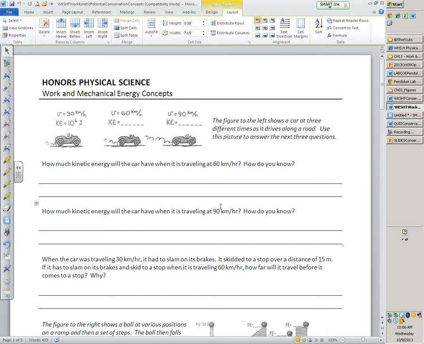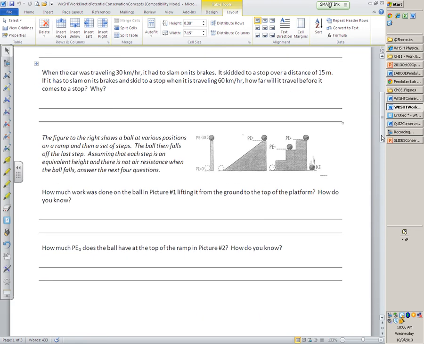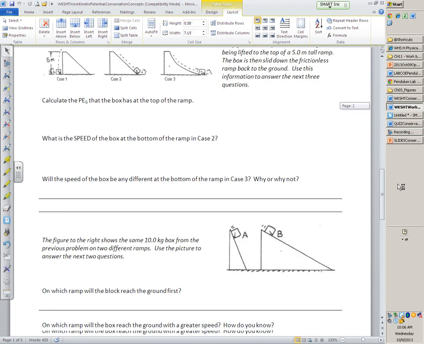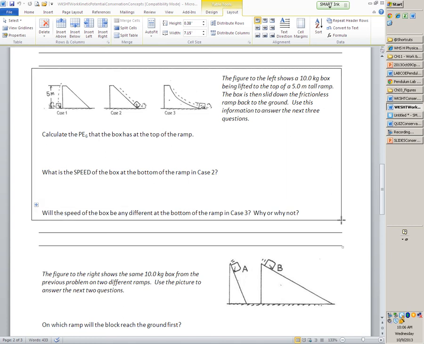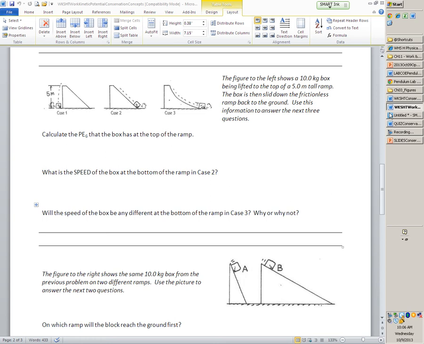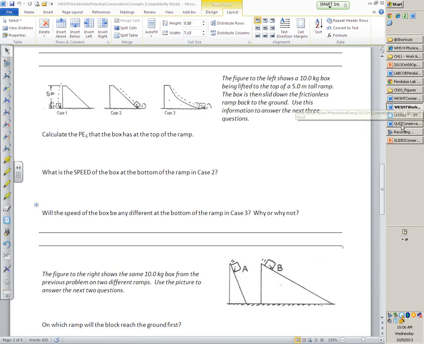And then at the bottom of the front page, we talked about the ball on this ramp and these steps, and how high it was and how much energy it had, blah, blah, blah. Let's flip it over to the back side, and we are going to take a look at these 3 ramps right here.